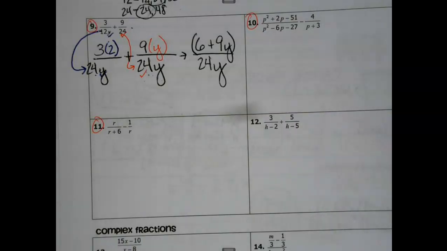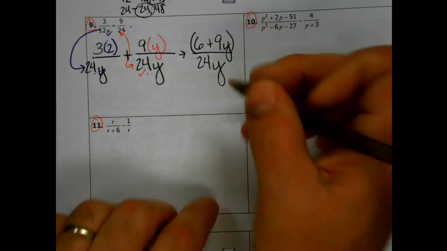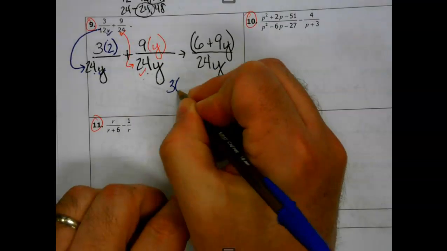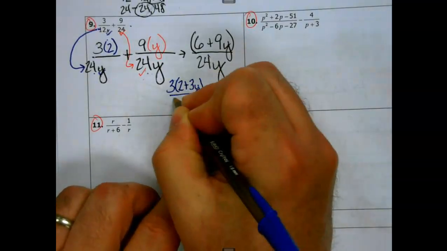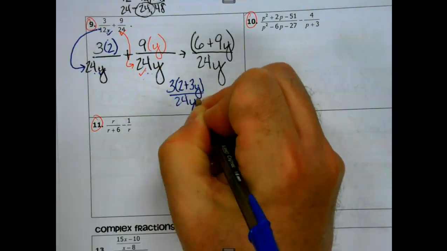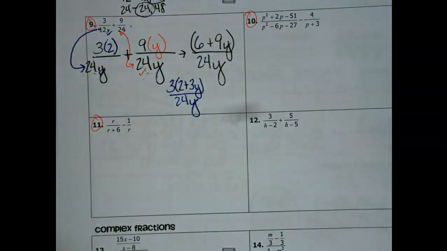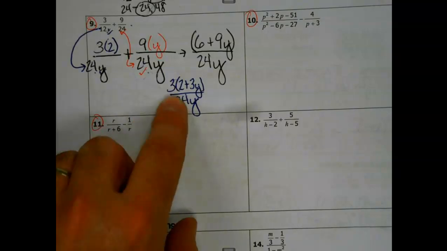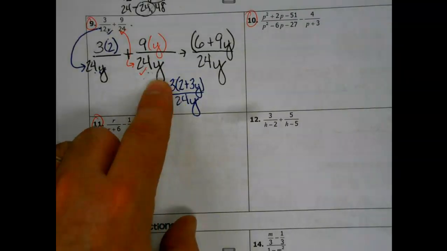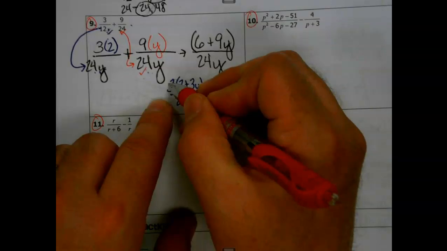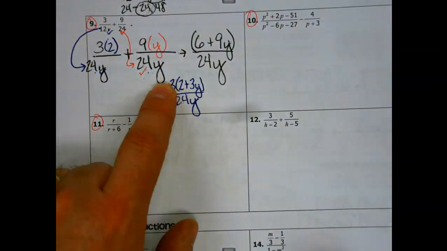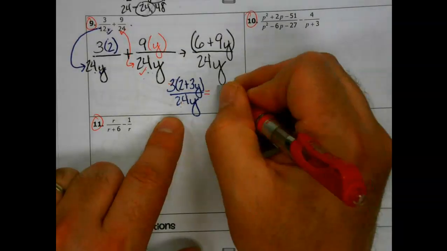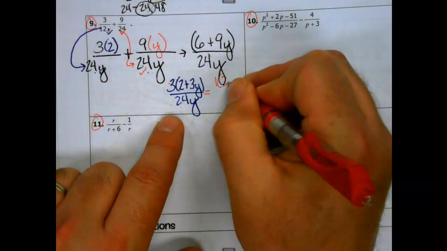Anything in common in the numerator? 3. So if I divide a 3 out, now there's more stuff outside. Yes, I can reduce this more. If I go to my calculator and I do a math enter on 3 over 24, I get 1 over 8.